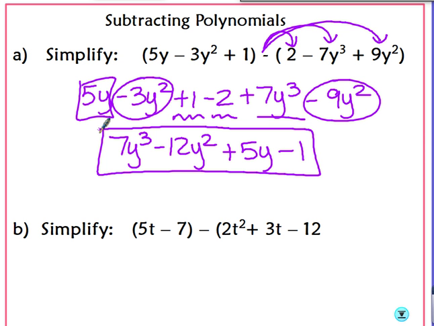Your solution should be 7y cubed minus 12y squared plus 5y minus 1.